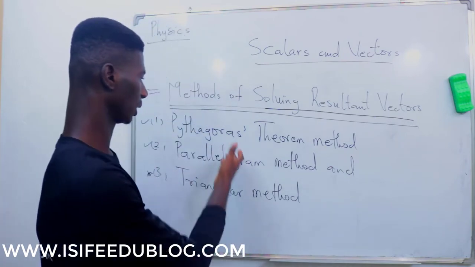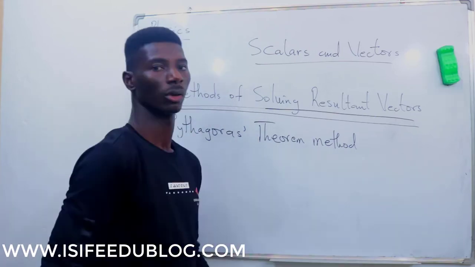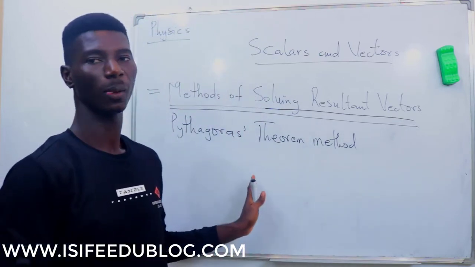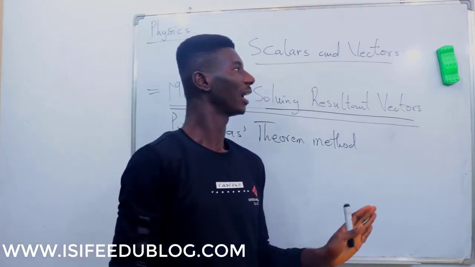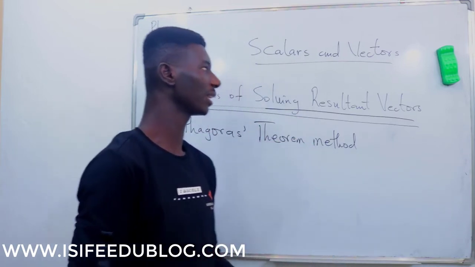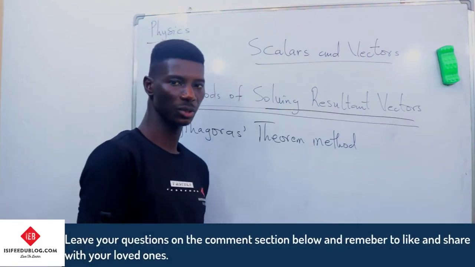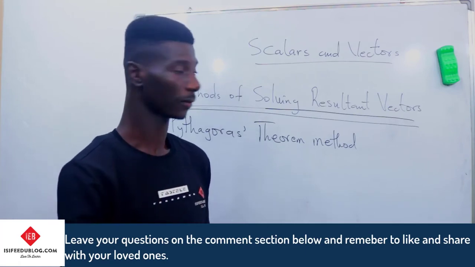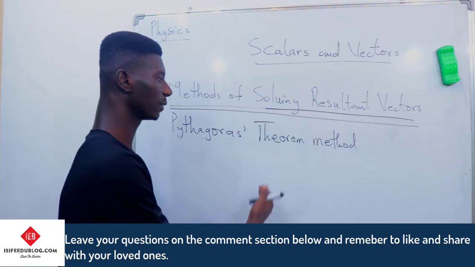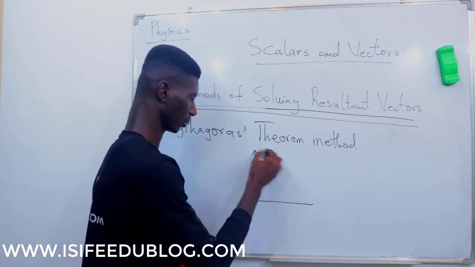So first of all, let's pick the first one, the Pythagoras theorem method. The Pythagoras theorem method of solving vectors deals with when, after drawing your questions, after drafting everything, you find out that your diagram gives you, of course, this only works when you have two vectors, a right-angled triangle.